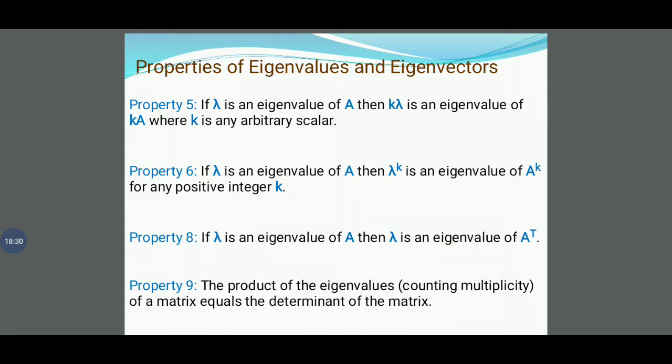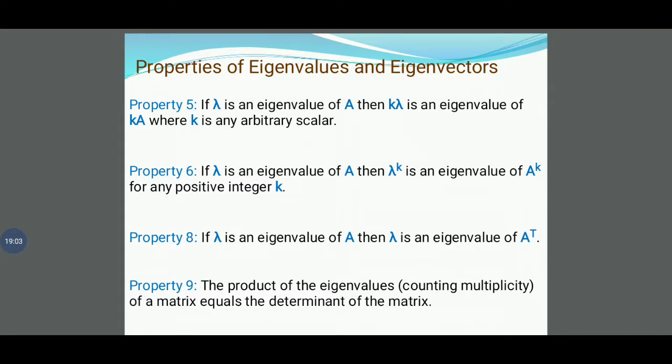Next, property number 9. The product of eigenvalues of the matrix equals the determinant value of the matrix. That is, suppose eigenvalues are 2 and 3, then the product is 6. Then its determinant value will be 6. That is the meaning of property number 9.